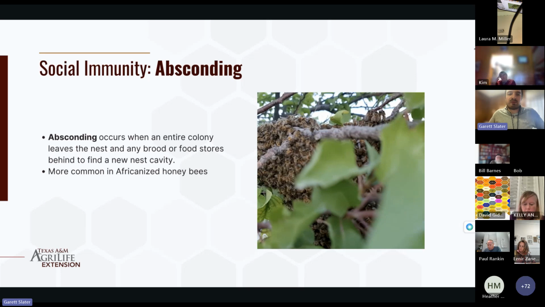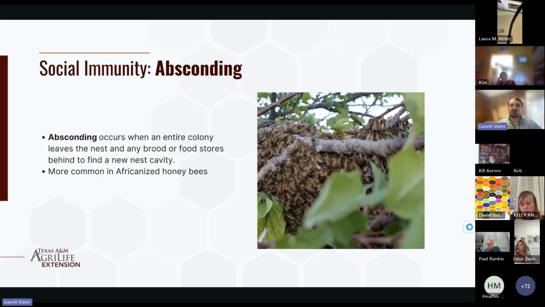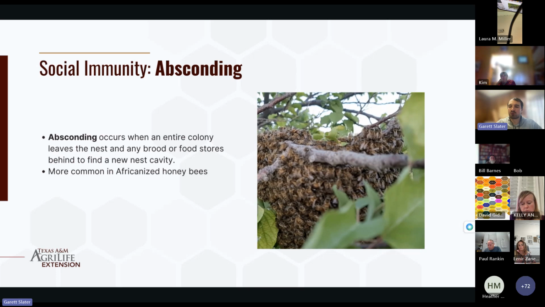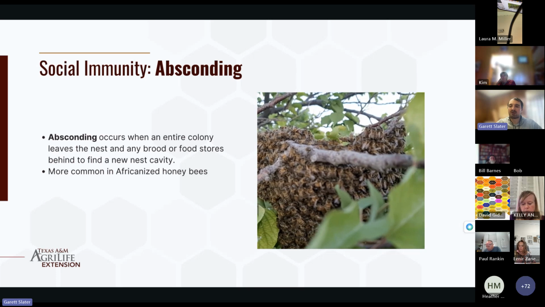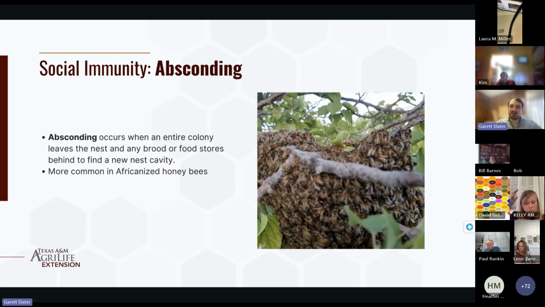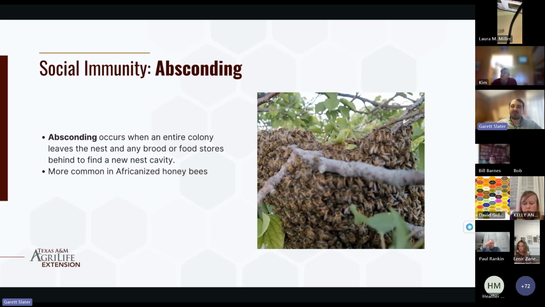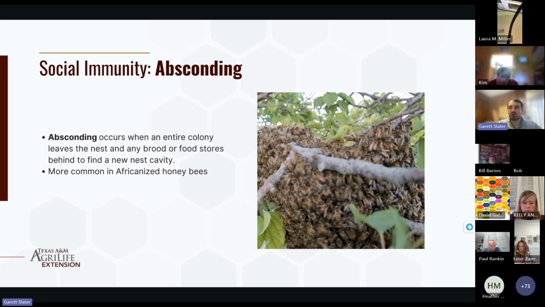Another way is absconding. If there are a lot of diseases in the colony and it's sort of a point of no return, the colony will swarm and abscond. That means they won't leave any bees behind. The entire colony will fly out and find a new home. This isn't always the case, because I think a lot of beekeepers assume it's absconding, but in some cases we have a lot of diseases.